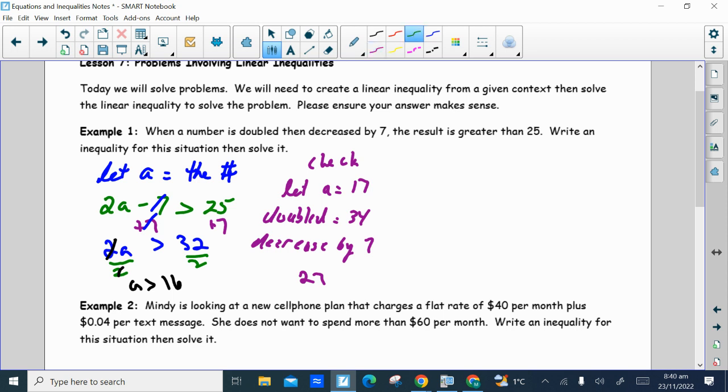What if we chose a number less than 16? Because again, we said our answer was that a has to be greater than 16. So what if we check using a number less than 16? So let's let a equal 15. Well, if we double it, that'll be 30. And then decreased by 7.